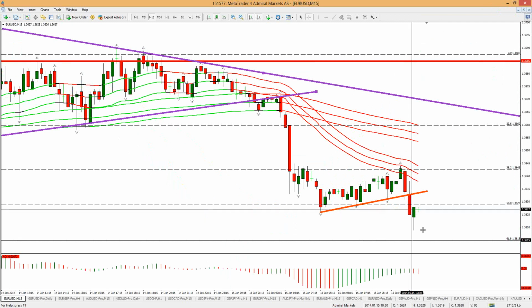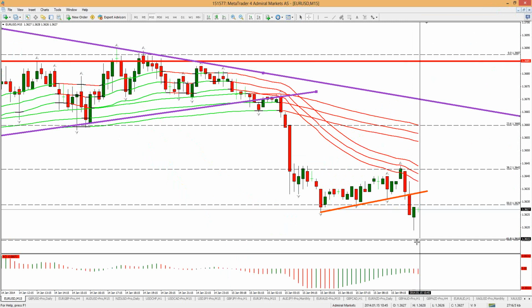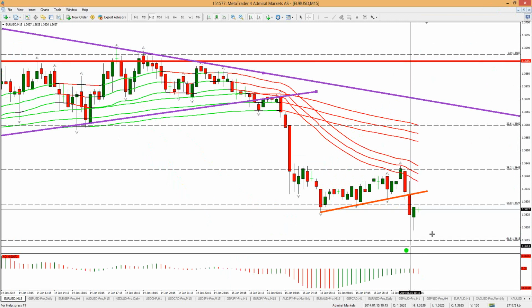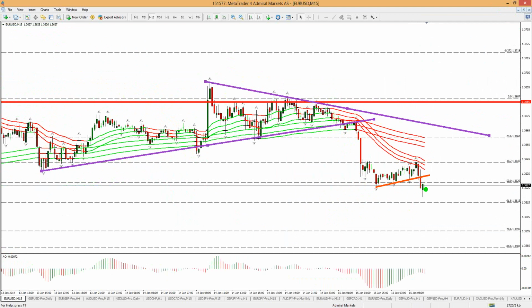So yeah, 136.15. It went to 136.19. That could be a bouncing spot already, but I wouldn't want to risk there personally, because it could also easily go to the 786 potential.